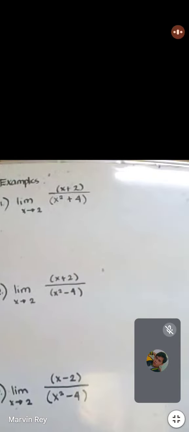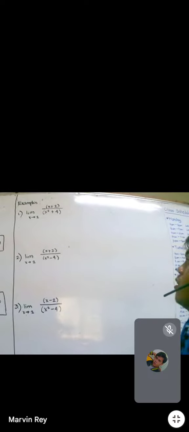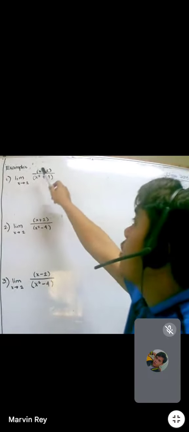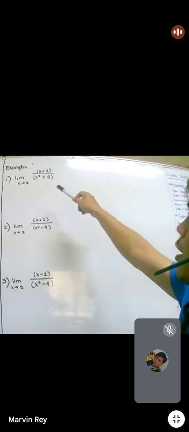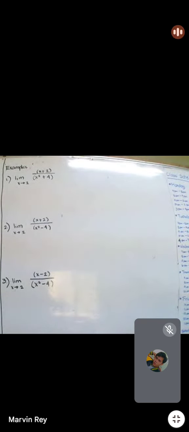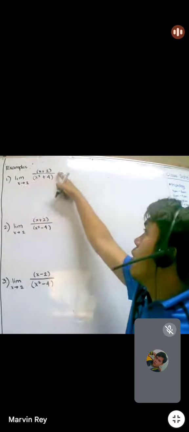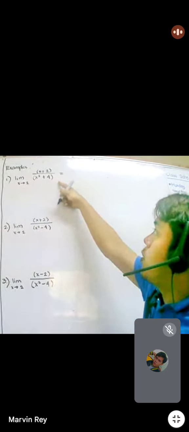For the first example, we are asked to find the limit of x plus 2 all over x squared plus 4 as x approaches 2. So how will you solve that? You can simply substitute the value of 2 for x in the equation.